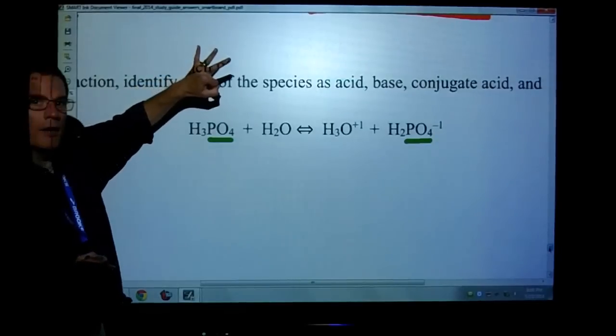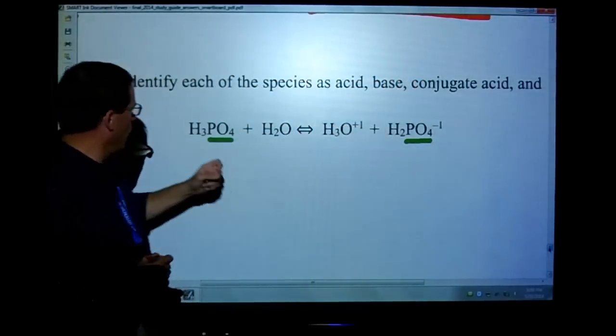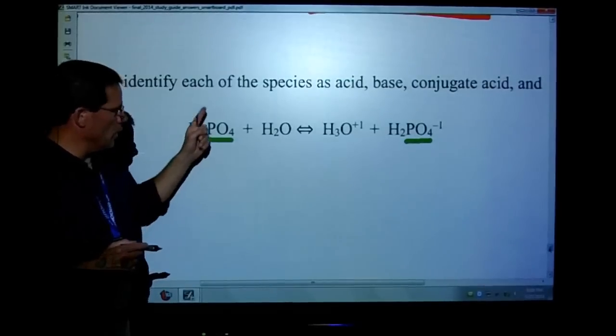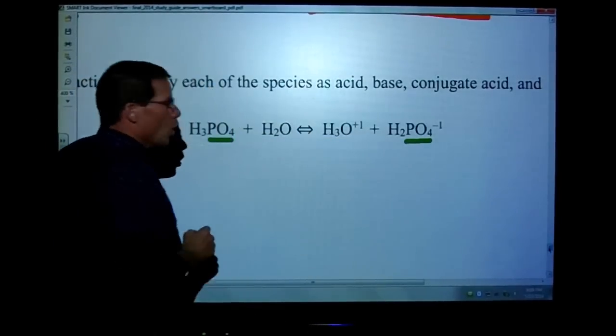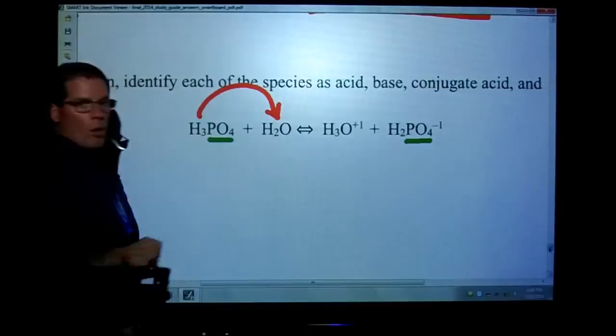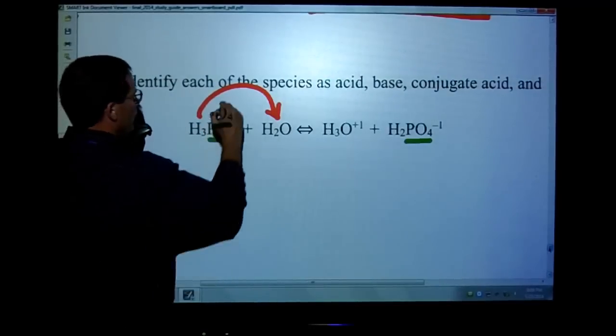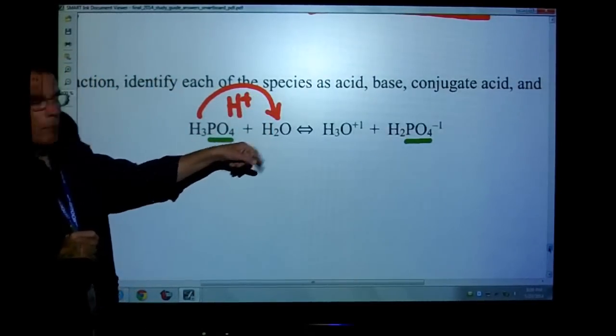H3PO4 has 3 hydrogens. The H2PO4 has 2 hydrogens. So what that means is, from going from here to here, this has lost a hydrogen. Where did it go? Well, it donated it to our water molecule. So in this case here, the hydrogen ion was donated to the water molecule.